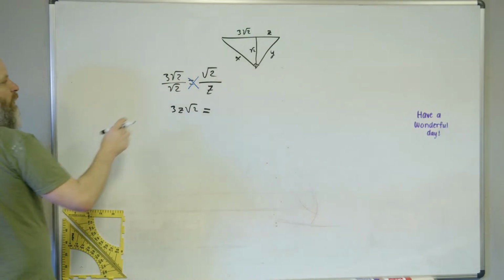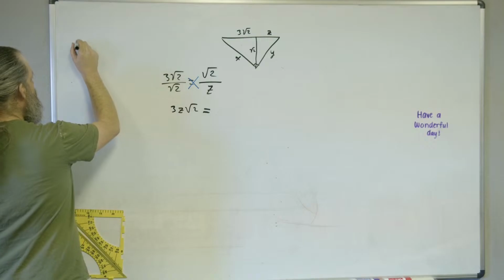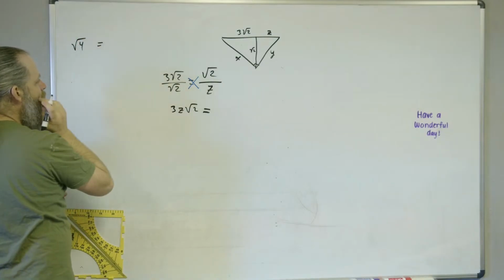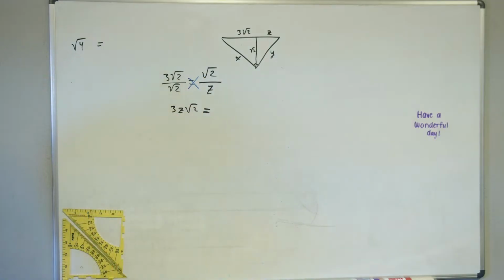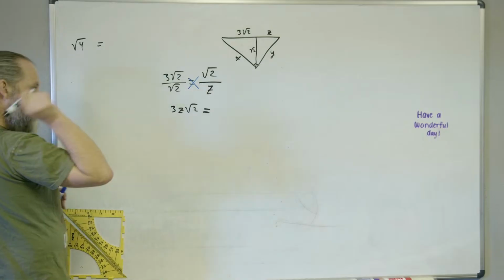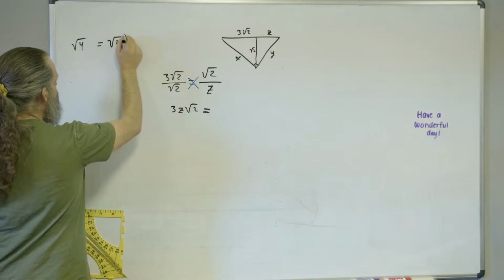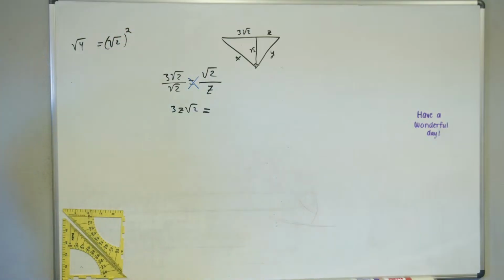So when you multiply 2 square roots together, you multiply what's inside. So the square root of 2 times the square root of 2 is the square root of 4, right? That's true. Now, square root of 2 is the same as the square root of 2, right? So, like you said earlier with the other one, it's also the square root of 2 squared, right? Because they're the same. If you have x times x, it's x squared, right?